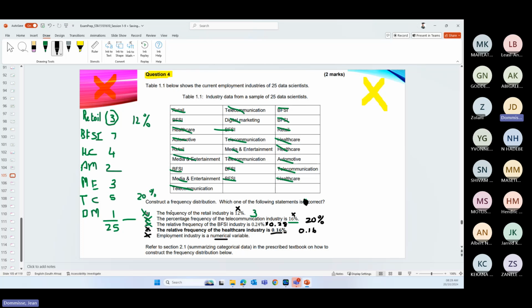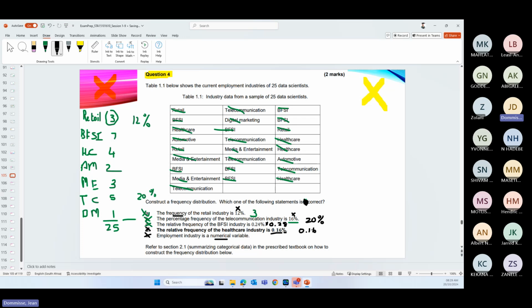So 100% correct. Frequency is the number. The percentage frequency, that is fine, that's a percentage. Relative frequency is basically a decimal, so it is the 7 in this instance divided by 25. The healthcare industry one is 4 divided by 25.